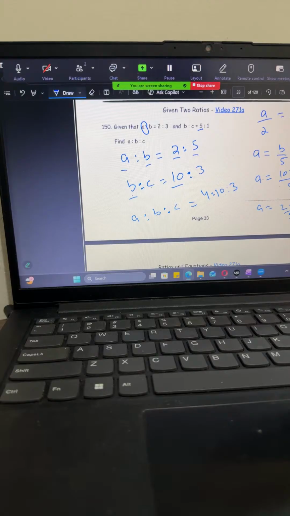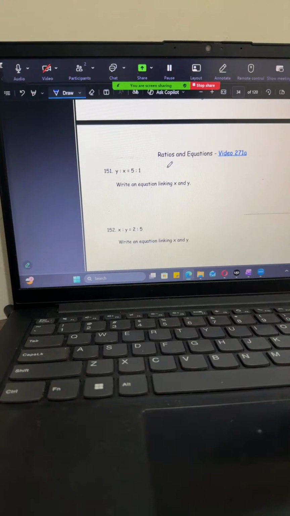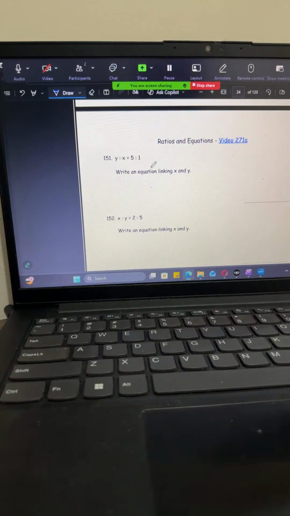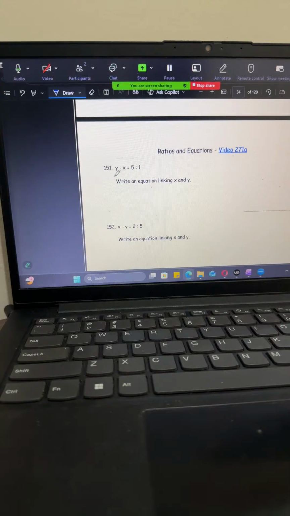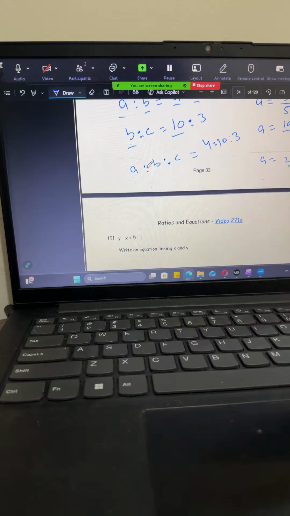Okay. So let's move on then. Okay, now they are asking you to write an equation. Y ratio x is equals to 5 ratio 1. Can you write an equation linking x and y? It's just like this one where we divided them.